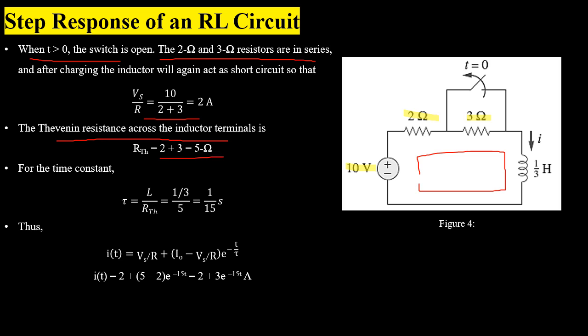The time constant for this circuit will be L over R Th, which has a value of 1 over 15 seconds. Now substituting these values in the equation of total response, I(t) will be equal to 2 plus 3 times exponential power minus 15t amperes. And this will be the current when the switch is open, or time t is greater than 0.